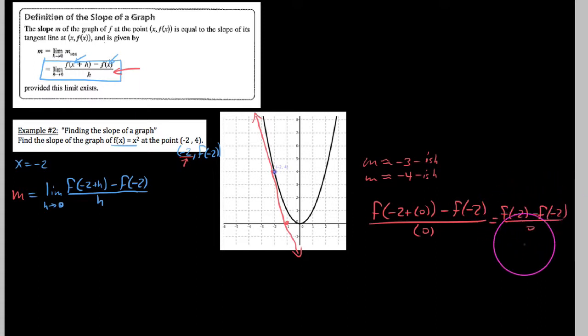Anything take away itself is 0, so we get 0 over 0. This is what we call indeterminate form. It's not that the limit doesn't exist per se, it just means that you can't evaluate it by direct substitution.